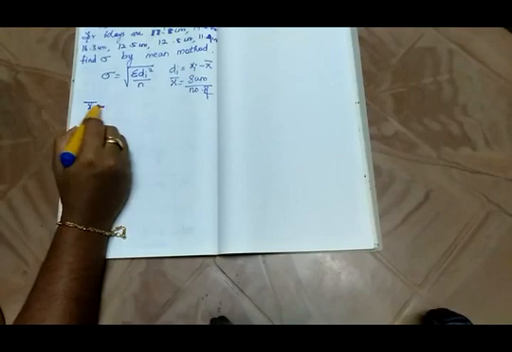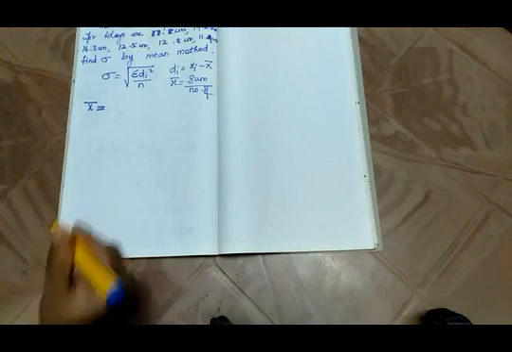So x bar is equal to the sum of all these observations. How many observations are there? 6.